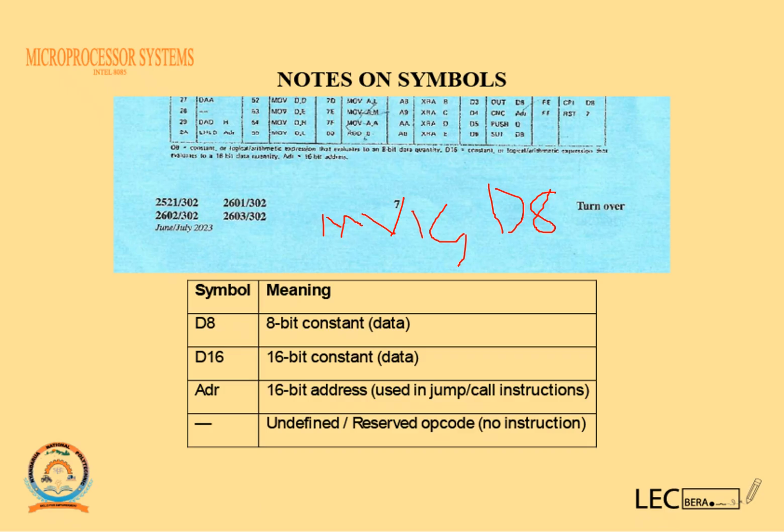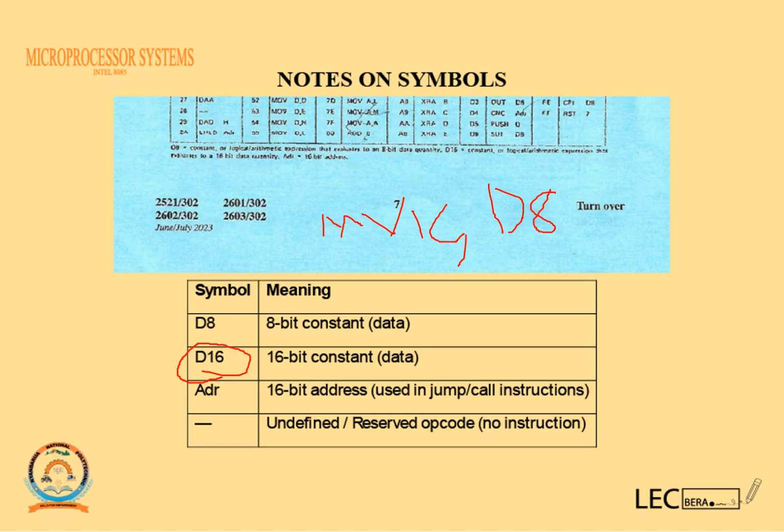D16 means we are going to load a 16-bit data to a register pair. Remember, we cannot hold 16-bit data in one register because one register carries 8-bit data. So if you want to store 16-bit data to registers, you have to pair two of them. You can pair H and L or B and C. The most common is H and L. If an instruction contains ADR, it means that you are loading a 16-bit address to the register.